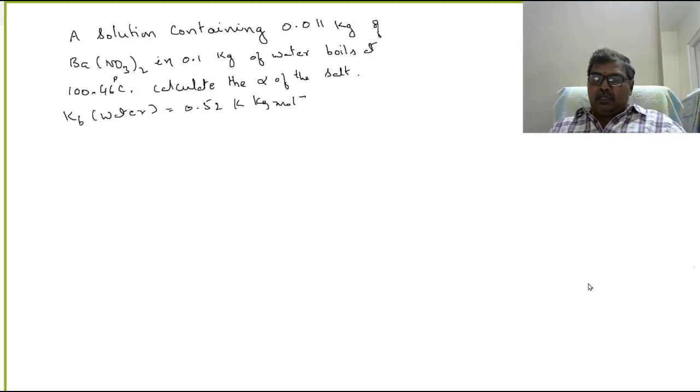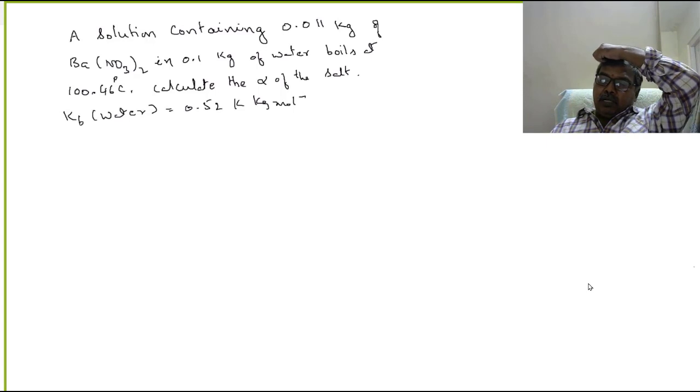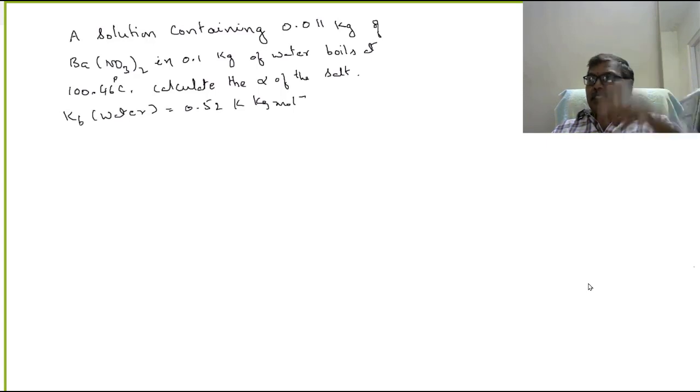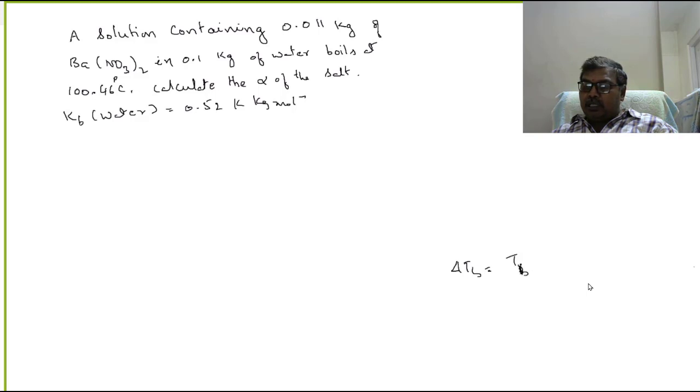Right? Now see, what is the weight of the solute given? 0.011 kg. Convert into grams, 11 grams. Barium nitrate in 0.1 kg of water boils at 100.46 degrees Celsius. Calculate the alpha of the salt. See here, delta TB is TB, boiling point of the solution, minus boiling point of the pure solvent.